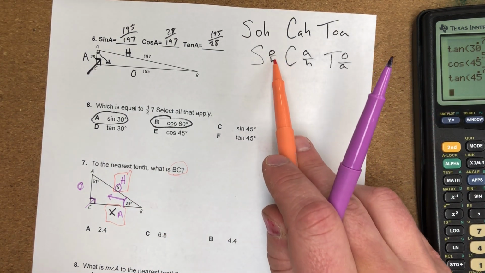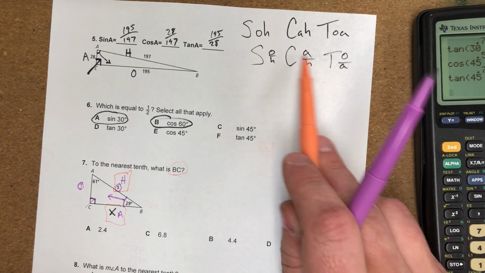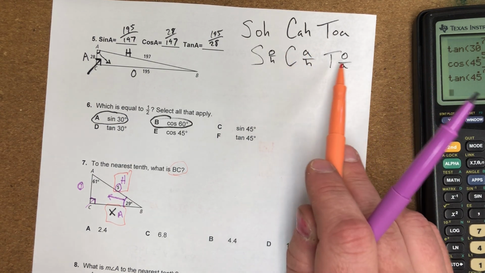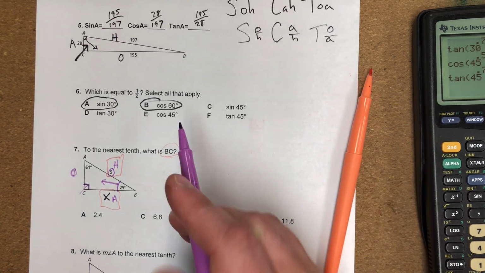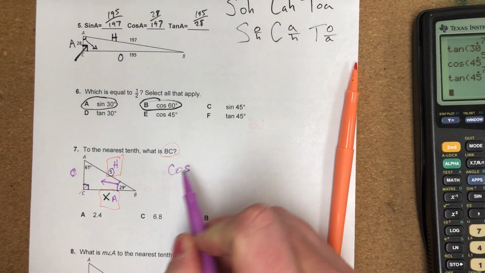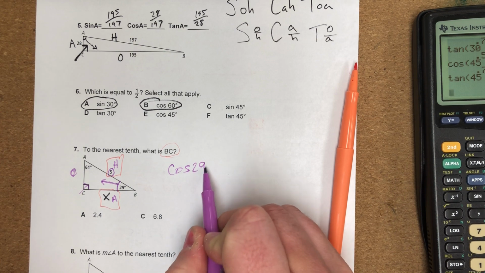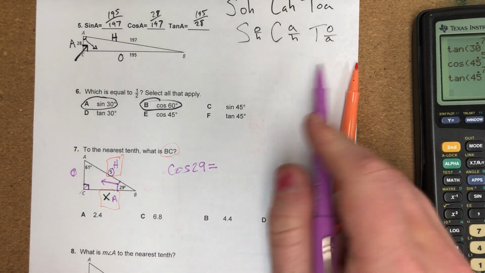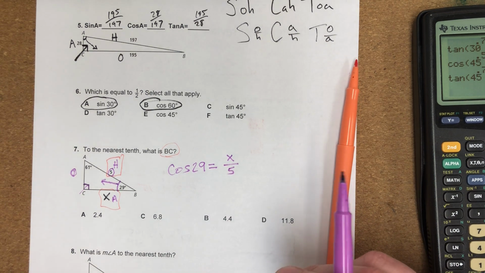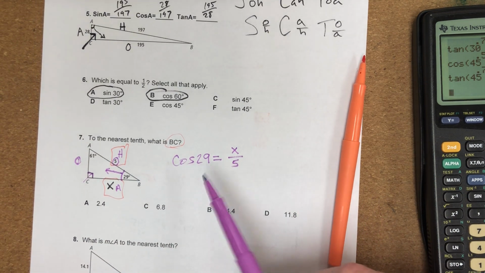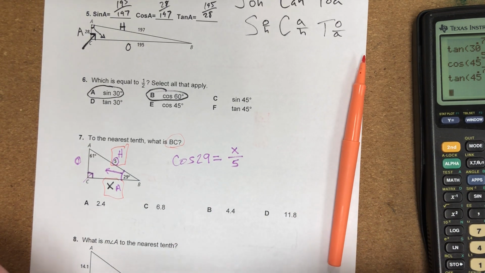S has O and H, so it's not S. C has A and H. Okay, so it's C. And look, T doesn't have the right letters. C is the only one with the right letters. So what I'll do is I'll say cosine of my angle equals A over H, X over 5, right? So this is 3/4 of the problem.